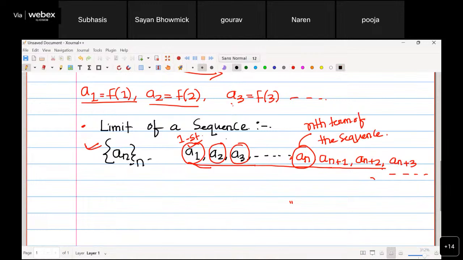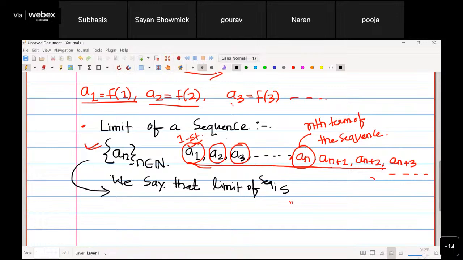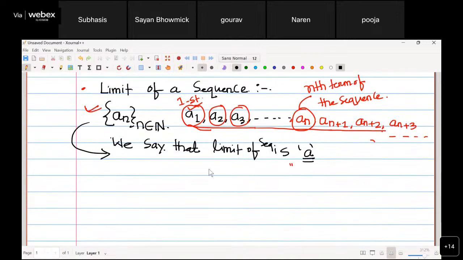This is my sequence. Suppose this is a sequence. I say that the limit of this sequence is A.